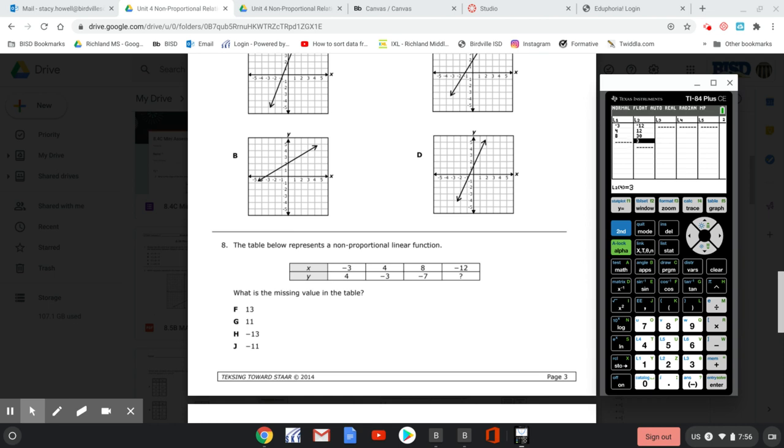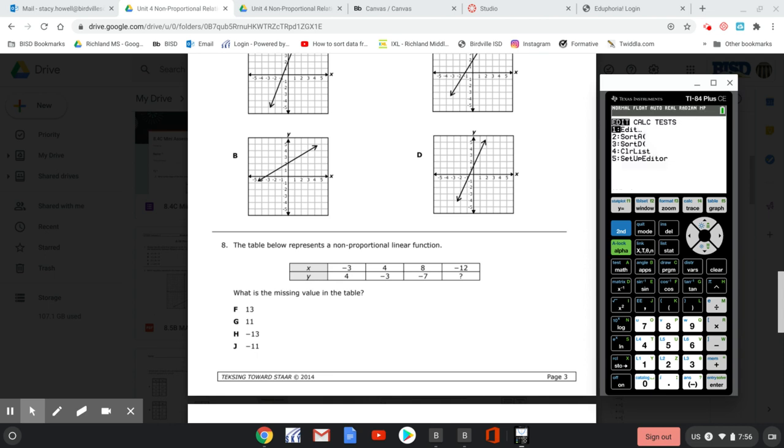I'm going to go over to the next column and I'm going to put 4, -3, -7, and I'm going to leave this one blank as well because I don't know that.